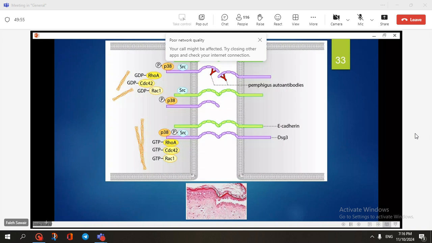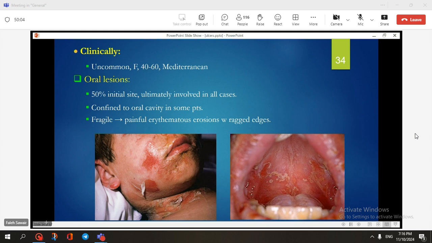So it is damage to the attachment between the epithelial cells. Clinically, it usually affects females, middle to elderly age, in certain regions. It is uncommon, but you can see some patients who will attend your clinic because of pemphigus.